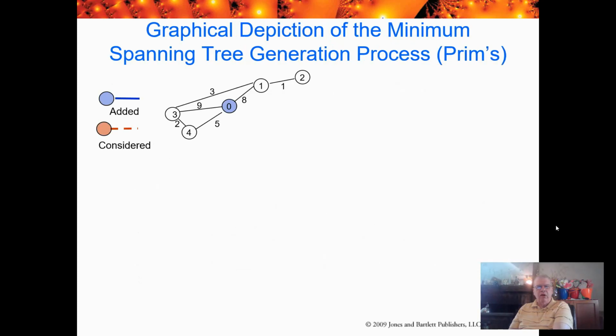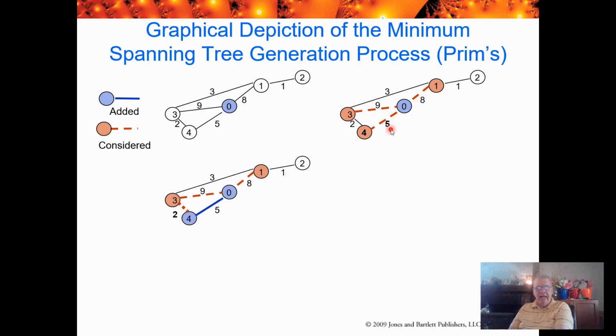So here's a graphic of it. If we start at 0 and the blue nodes are added to the minimum spanning tree, the dotted red edges are considered. So we're going to go from step 1 to step 2. Now we have 0 in the minimum spanning tree. We're considering these 3 edges. We pick the minimum one, which is 5. We add it.